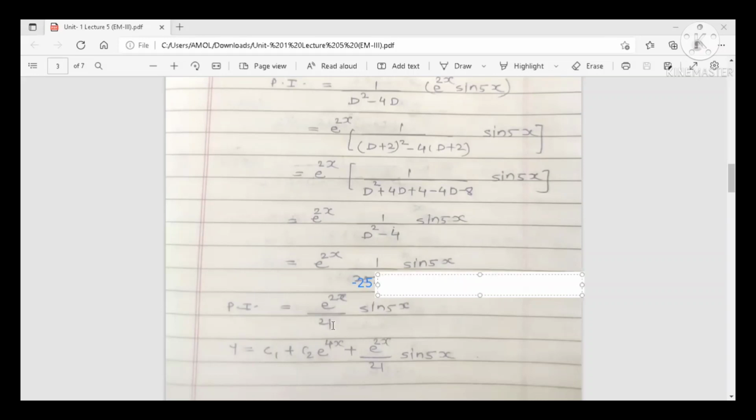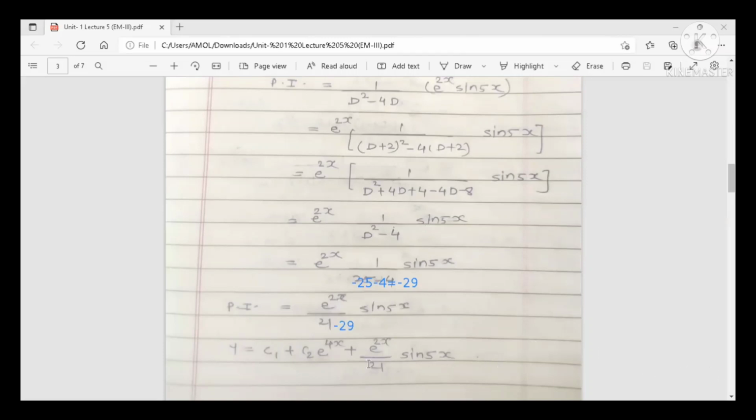Sorry. And so the term is here minus 29. So this is your answer, because we replaced D square by minus 25. So minus 25 minus 4 is minus 29. So here the PI is e raised to 2x upon minus 29 into sine 5x.